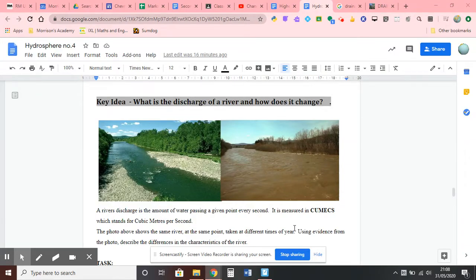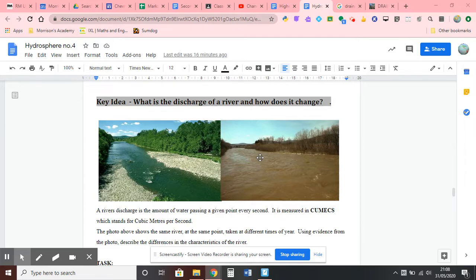Okay, in this tutorial, I'm going to build on the last tutorial, where you were asked about the differences. Basically, the river had a great discharge, and I explained that these are different.